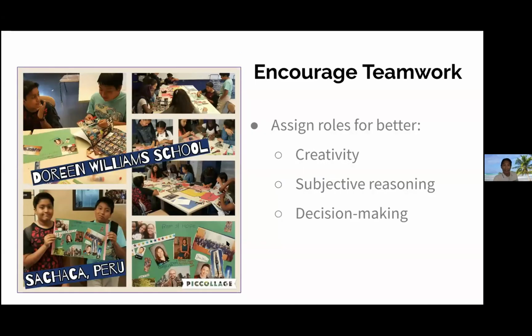All right, another hint would be encouraging teamwork among your students. This cultivates more creativity for them because some students, as you know, work within their sphere of what they know. So for example, you can assign one student to do some part of the research.